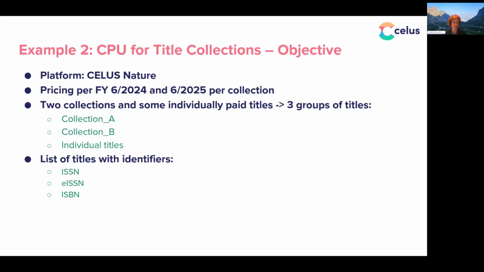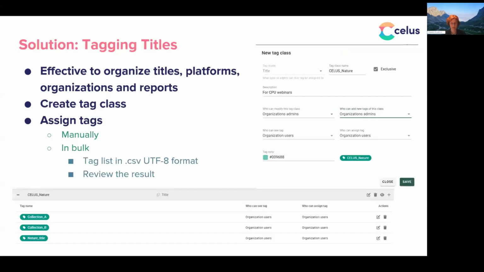We have ISSN, EISSN, and ISBN for books, which is great and quite usual. It is sometimes not available, but CELUS can work with many identifiers, even DOI or proprietary IDs, and use it in the very useful thing, which is tagging titles.